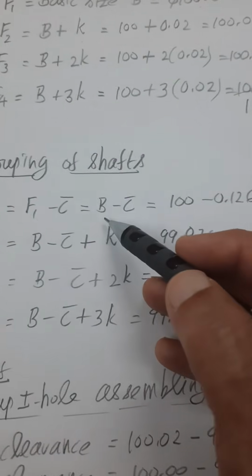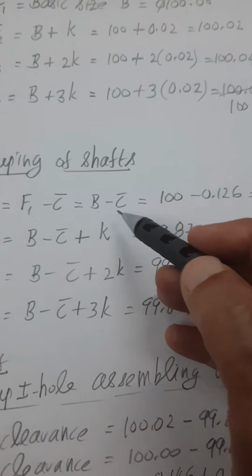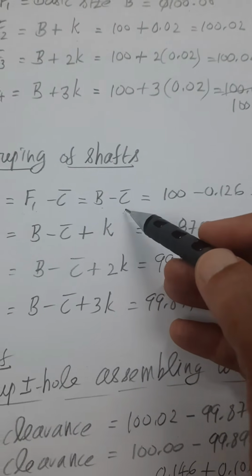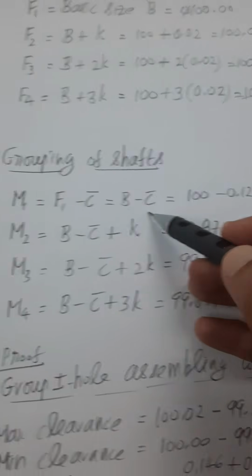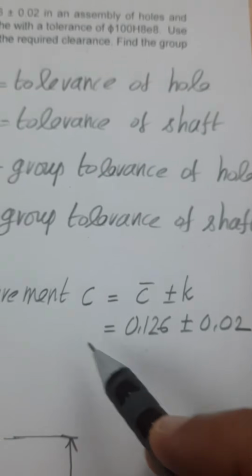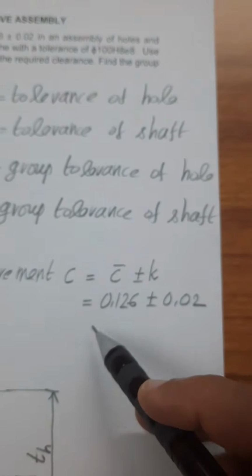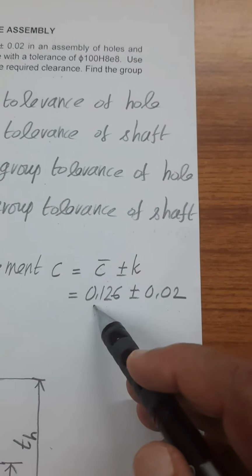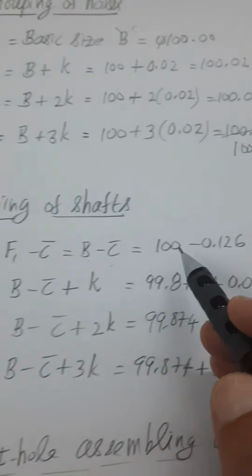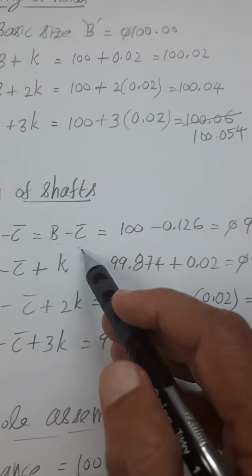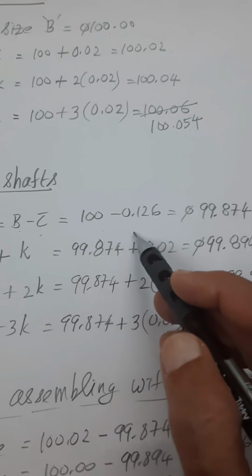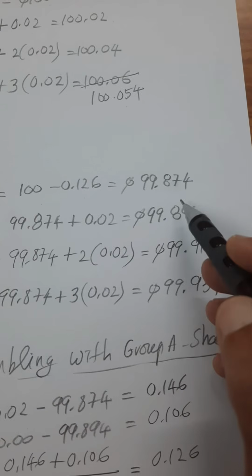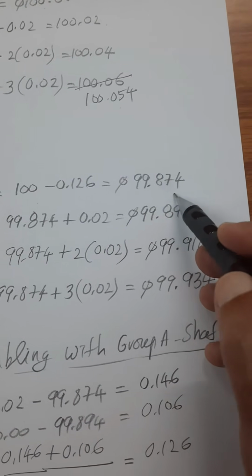So it is B minus C bar. What is C bar? C bar is the mean value of the clearance you want to achieve. You want to achieve a clearance of 0.126 plus or minus 0.02, so the C bar value is 0.126. So B minus C bar comes to 100 minus 0.126, which is equal to 99.874.